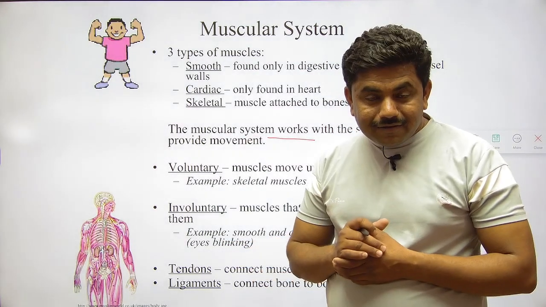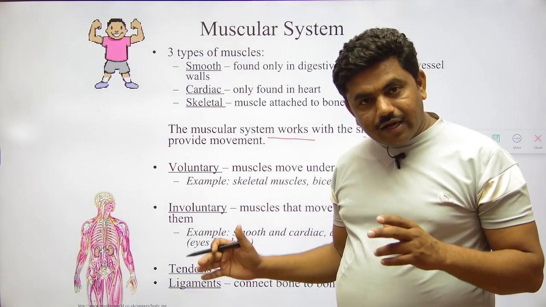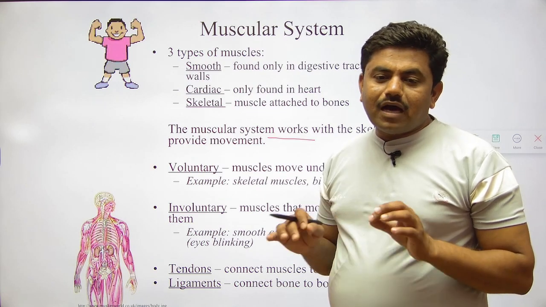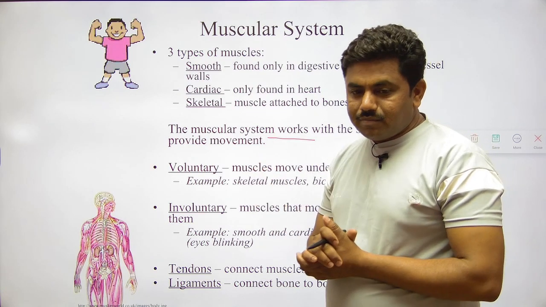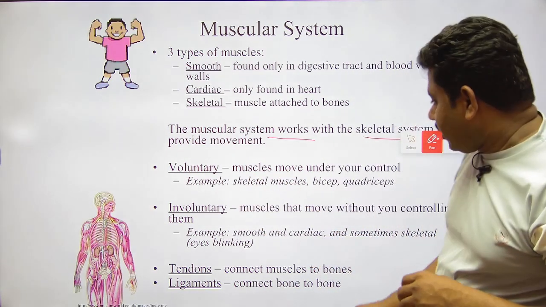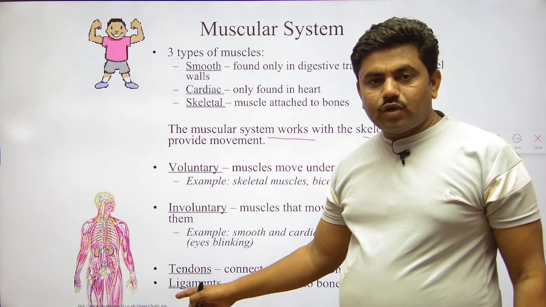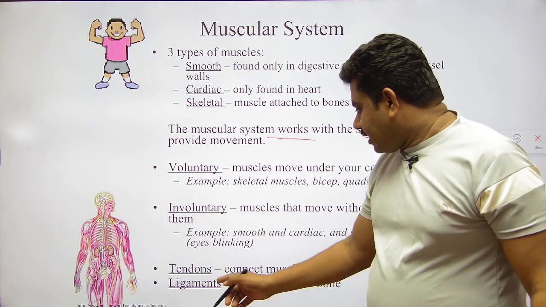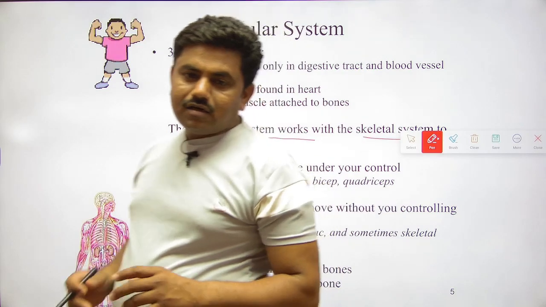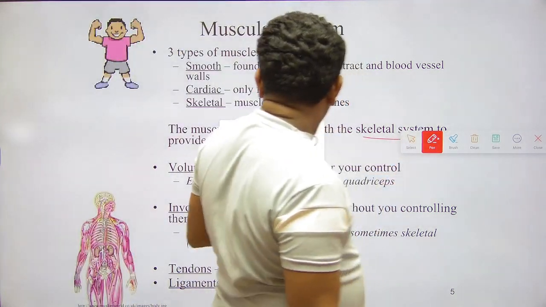Eye blinking, these are some muscles of the heart, the cardiac, and eye blinking muscles are also involuntary, because we don't have control over them. Tendons connect muscles to bones, these are known as tendons. Ligaments connect bone to bone, those are the ligaments, and they are also a type of these tissues.